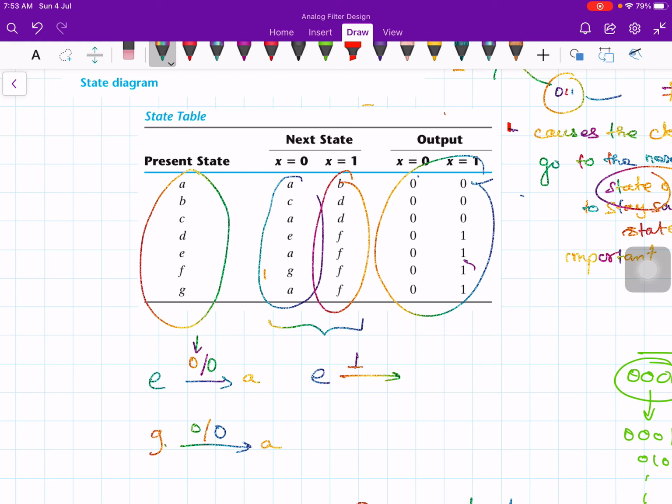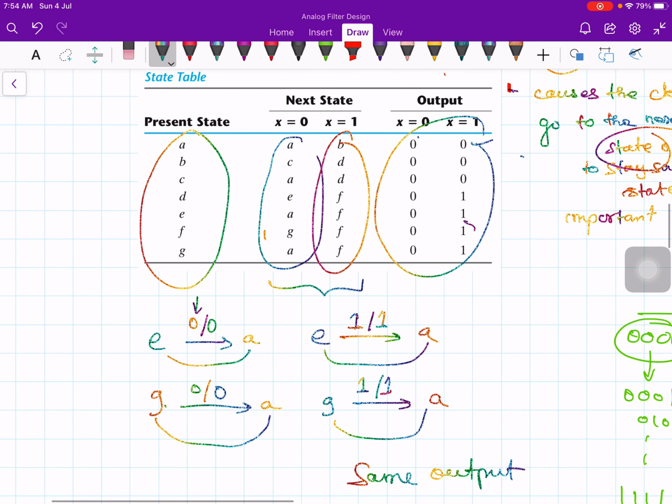E, give 1 as input and the output is 1. And take G, the other possible input is 1 and the output is 1, and it goes again to the same state A and A, isn't it? See, the input and output behavior is not changed, and the E state will go to A and G state will go to A. Similarly, here also E to A and G to A.